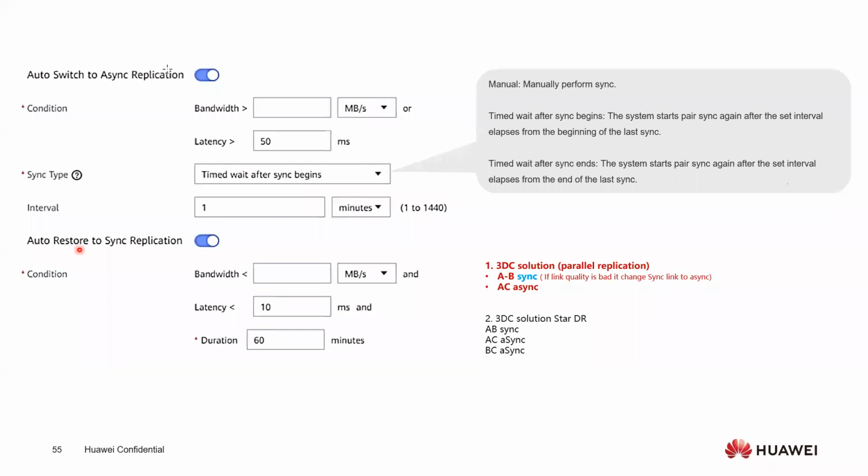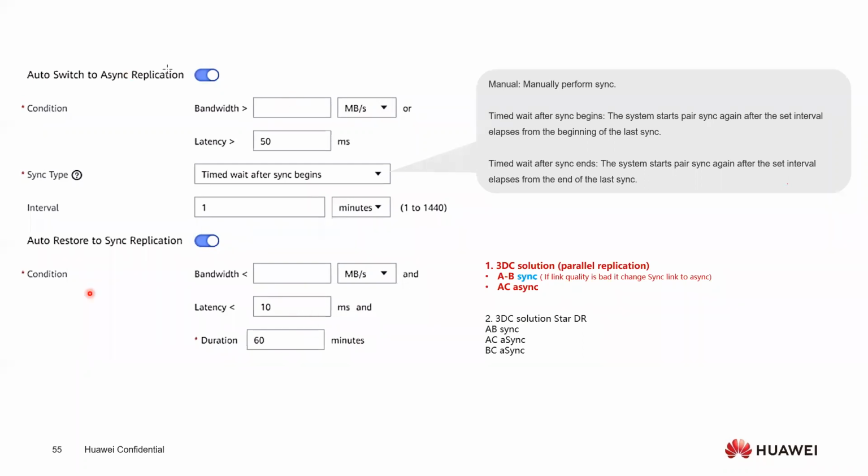Similarly here, auto restoration: it will keep monitoring the primary condition. If the primary condition is recovered, your link is recovered, then what will be the condition? How will we assure that my primary link is stable now, and I need to switch back my primary link as the primary link? So this is the condition I can write here.